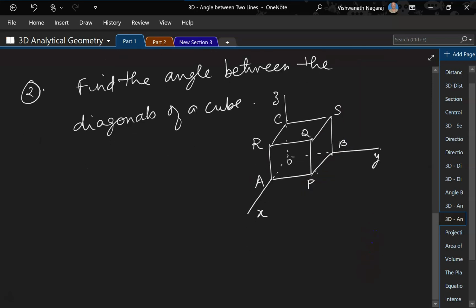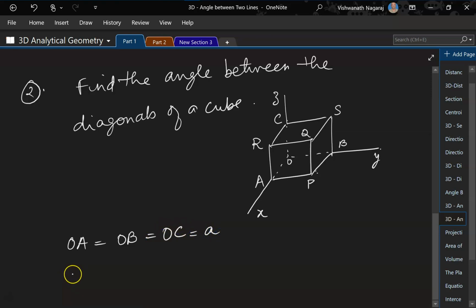Now let's figure out the coordinates of each of these vertices. Remember it is a cube, which means all the edges are of the same length. So OA is equal to OB is equal to OC, and let's say that is a.